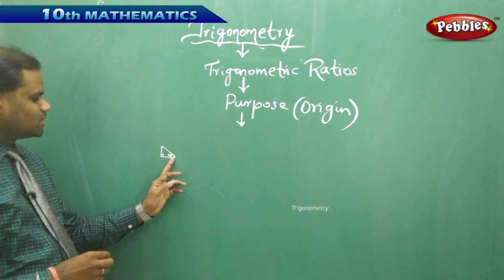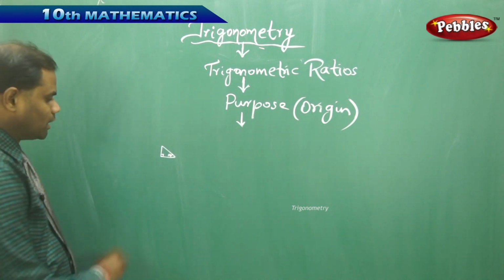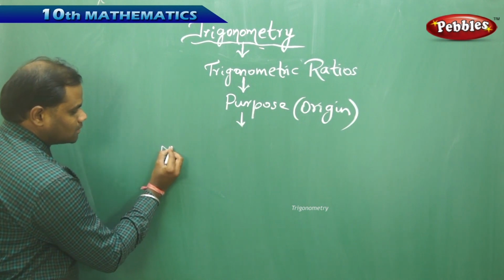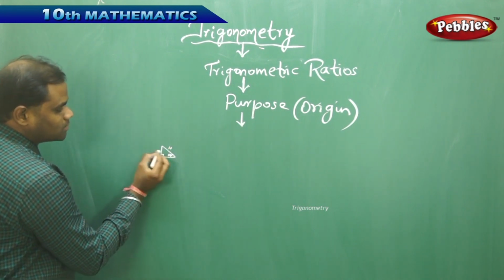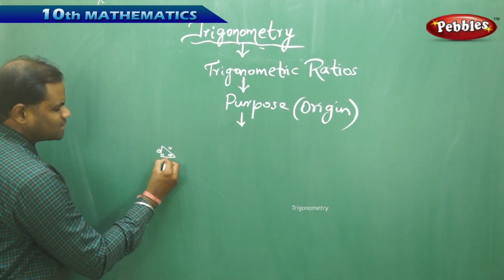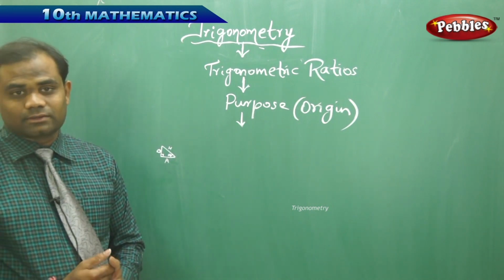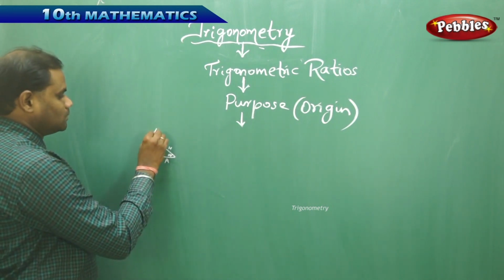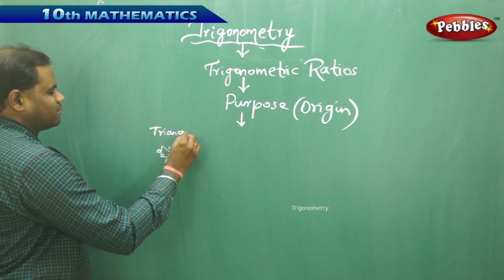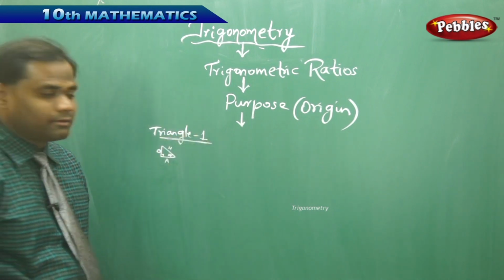Obviously we know that the side opposite to the right angle is hypotenuse, the side opposite to theta is opposite, and the third side is adjacent. This is what we understand in this triangle 1. Similarly, I take triangle 2.